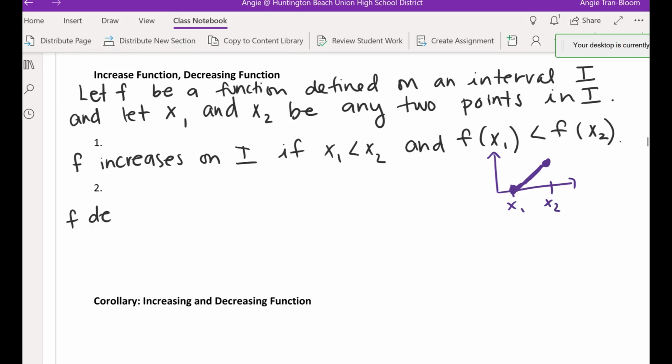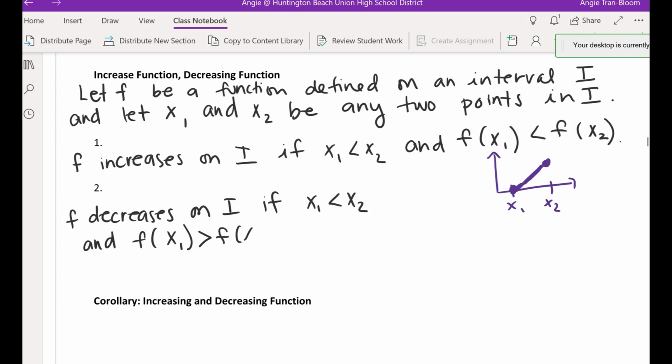Similarly to decrease. f decreases on I if, again, x1 and x2 are just locations. So x1 is always going to be smaller than x2 for this definition. So f decreases on I if x1 is less than x2, and all we do now is flip these at the end. f of x1 must be greater than f of x2.